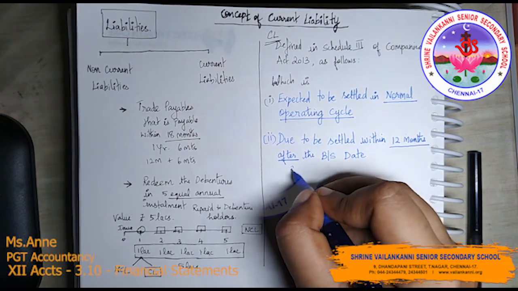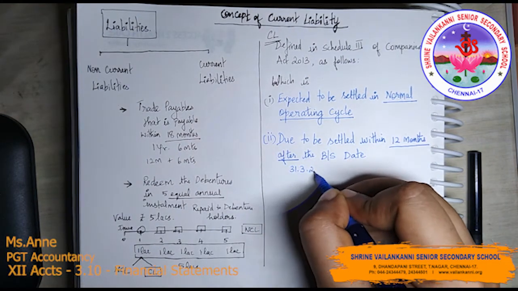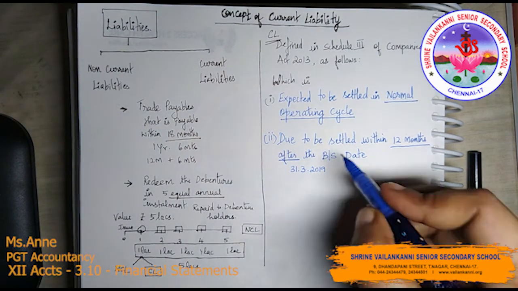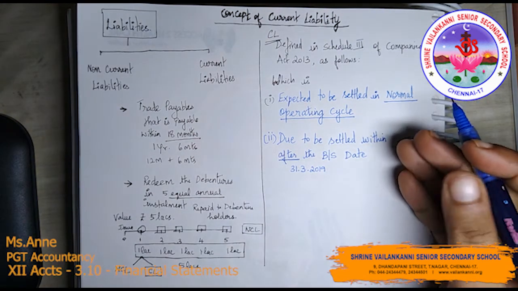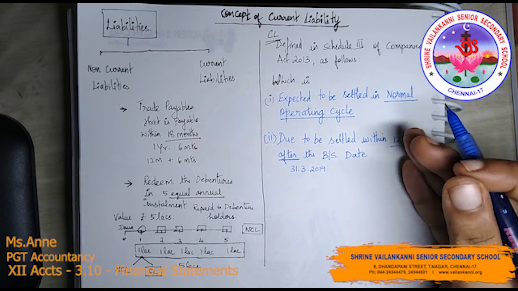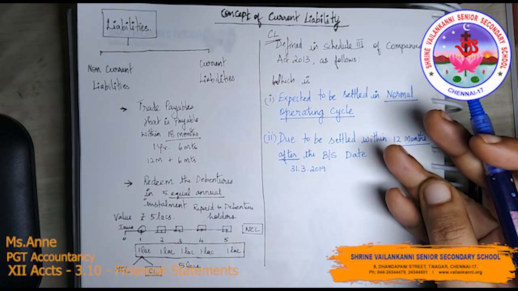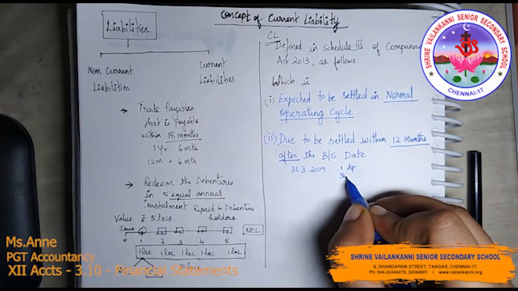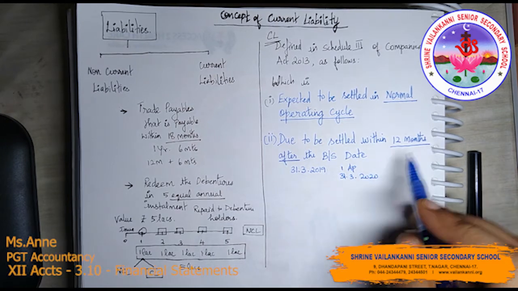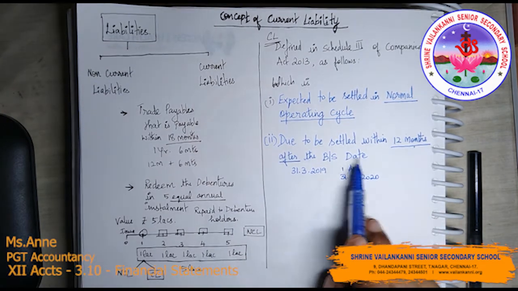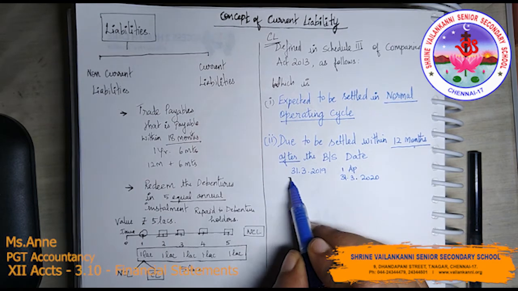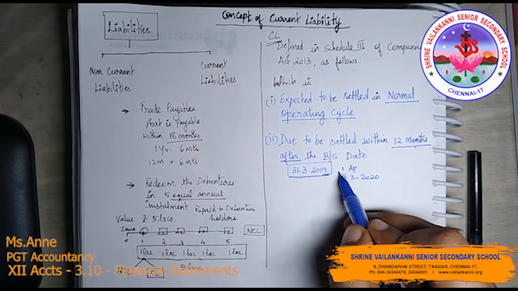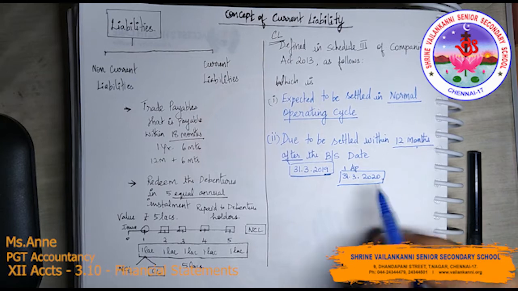Suppose the balance sheet date is 31/3/2019, 12 months after the balance sheet date, which means April, May, June, July, August, September, October, November, December, January, February, March, so we will take it as 31/3/2020.